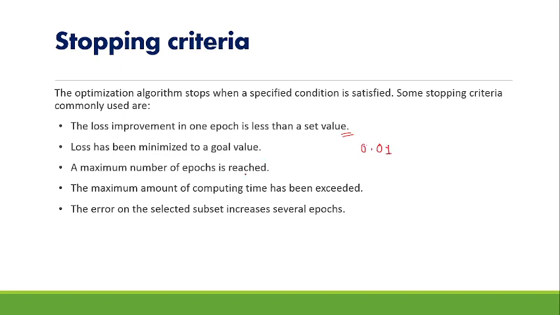A maximum number of epochs is reached, like 1000 epochs completed and we are still not getting the required loss. The maximum amount of computing time has been exceeded. The error on the selected subset increases over several epochs. So these are some of the top stopping criteria.